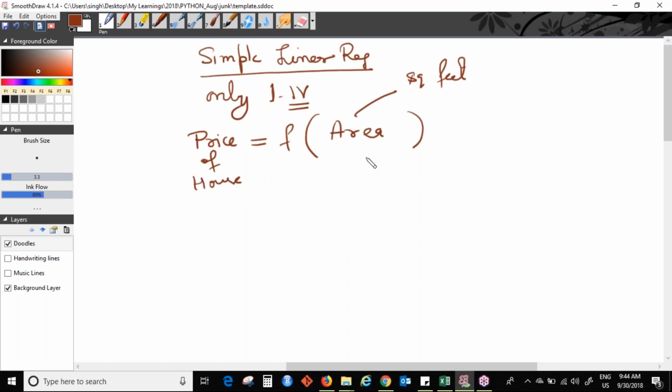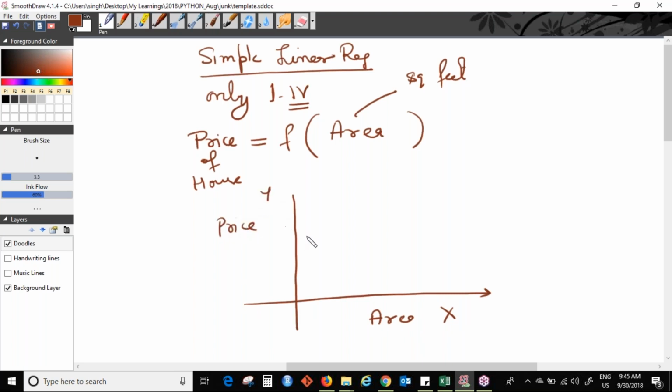It will depend on the location, on the number of bedrooms it has, on the amenities that the house has, and several other factors. But right now, for simplicity, let us just assume it depends on the area. Total square feet, super built up area of the house. I will draw the area on the x-axis. This is my x, and the price will be on the y-axis.